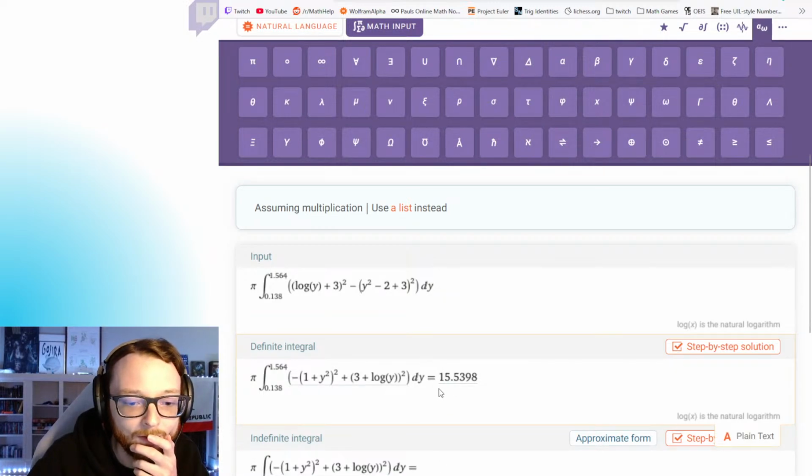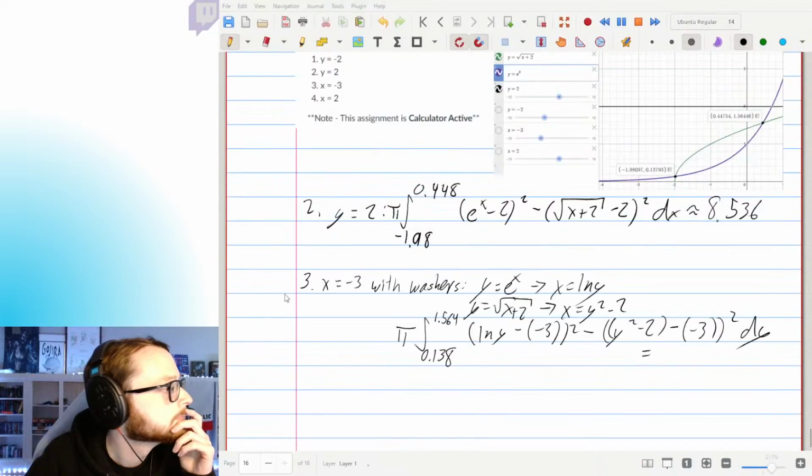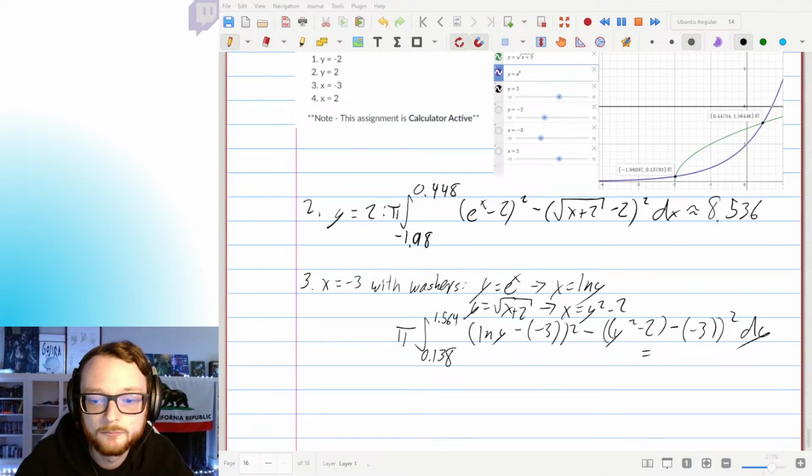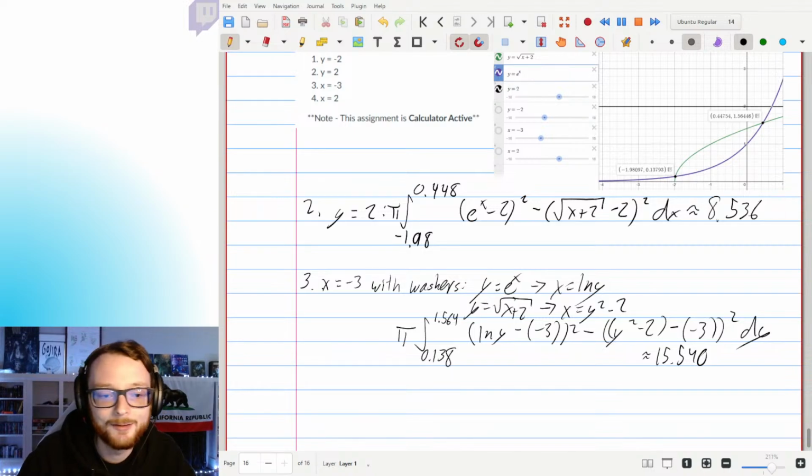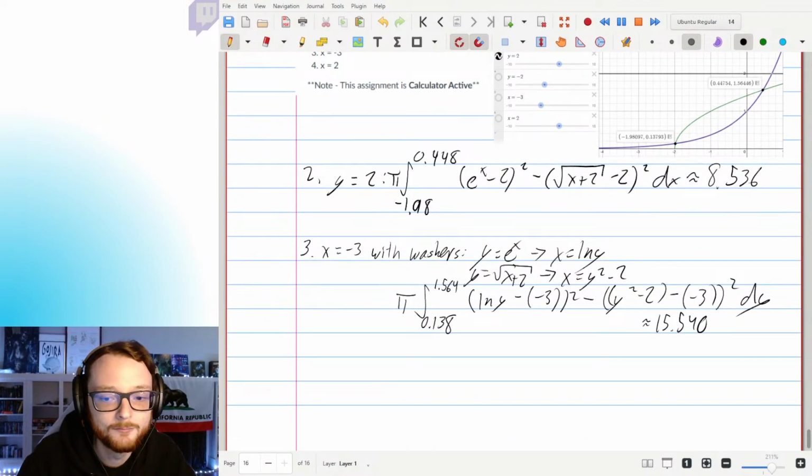That is not exact. 15.540. Unless pi somehow cancels, but I doubt it. But we should get the same result with shells now.